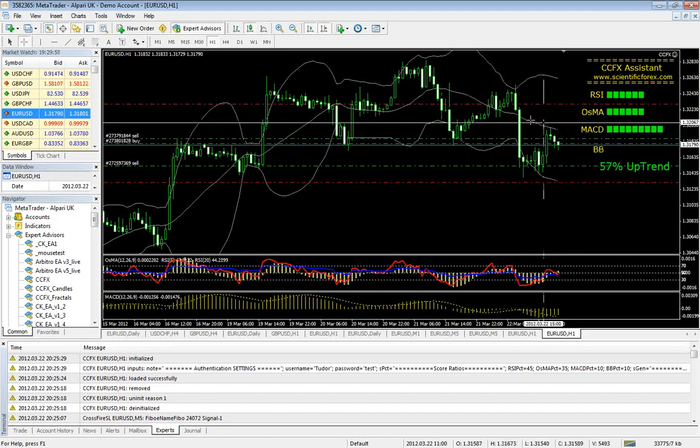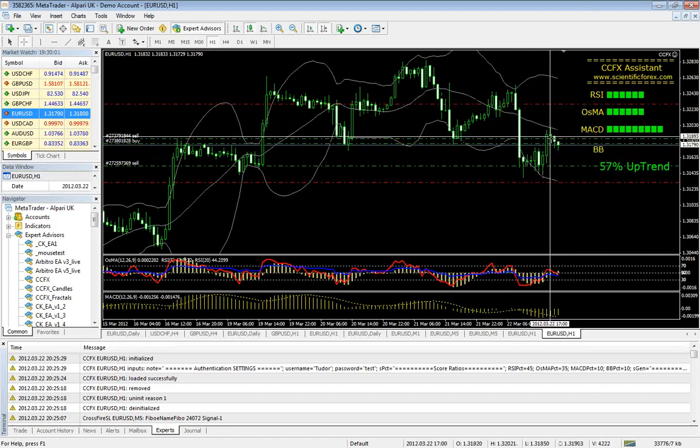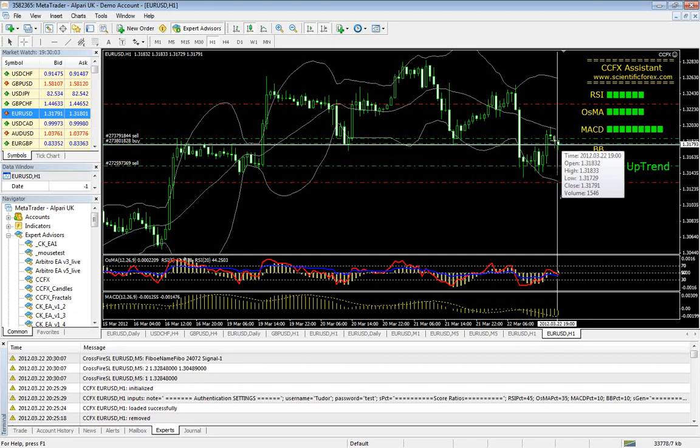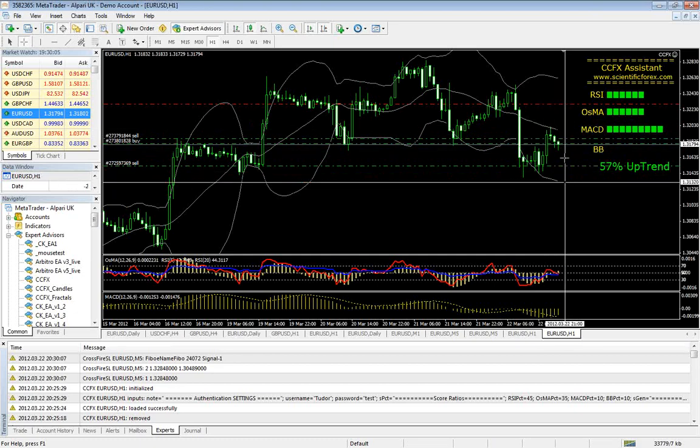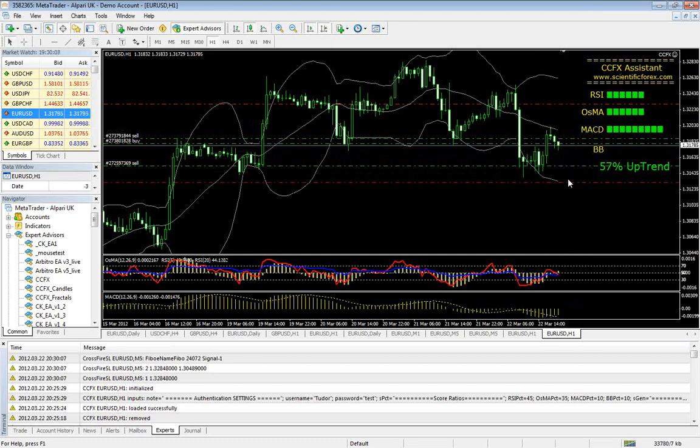But since there is no candle close above this middle line, I don't consider it. The buy is not okay. But if I have a sell signal here, then I would consider it more than others because I have a candle reversal and I have more sell candles in here, bearish candles.